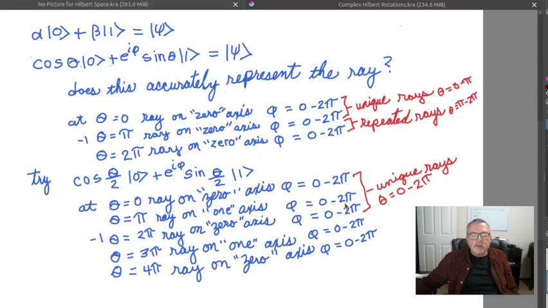Between 0 and 2 pi? Yeah, that's correct, because it's actually pi over 2 to pi. See, that's where the unique rays were up here. Now, what about, oh wait, we've done it. 0 to 2 pi, we have unique rays.